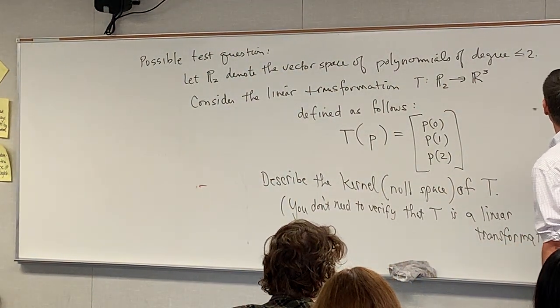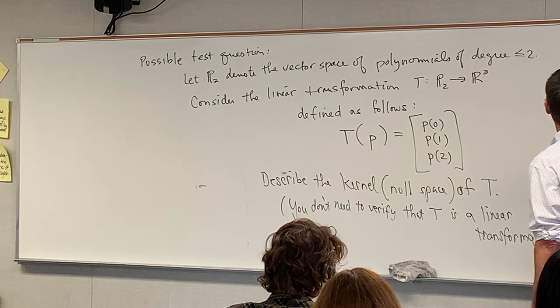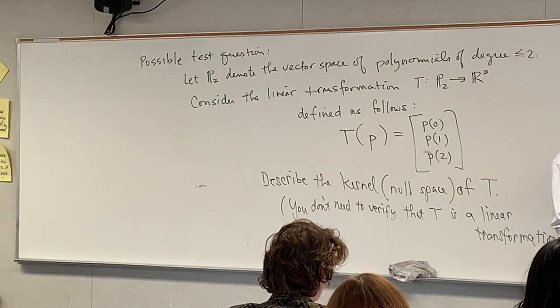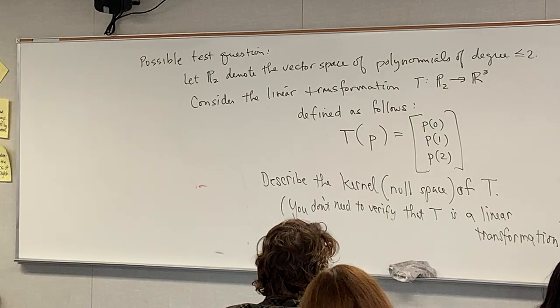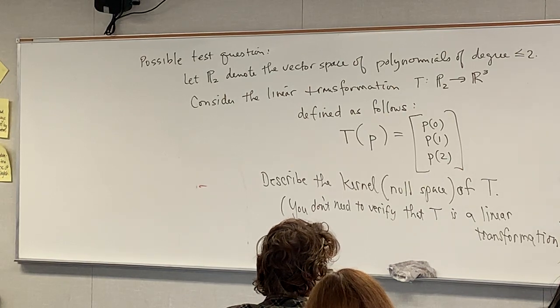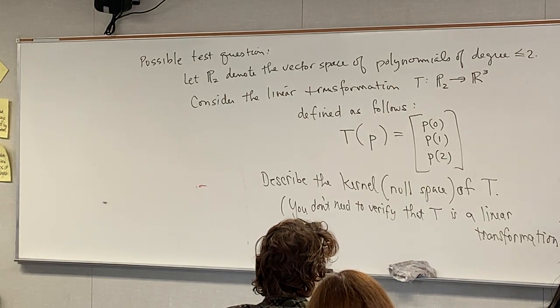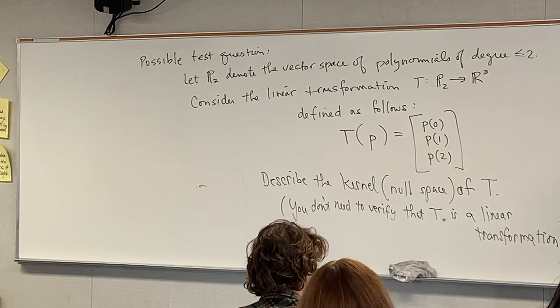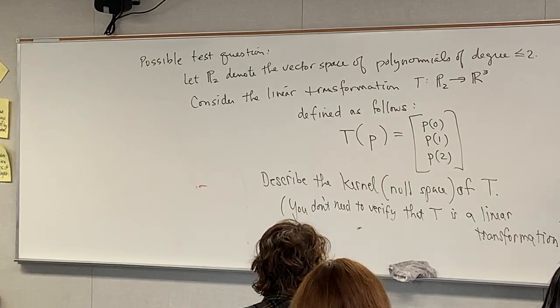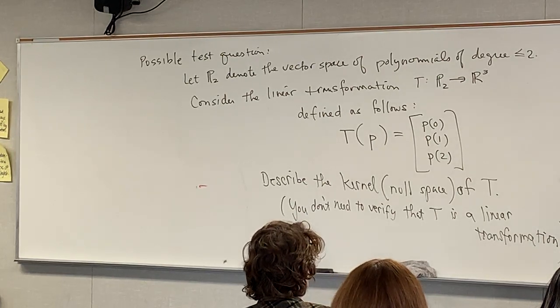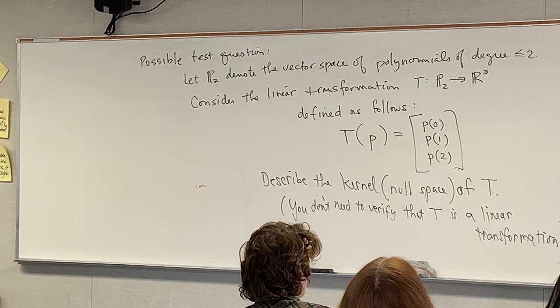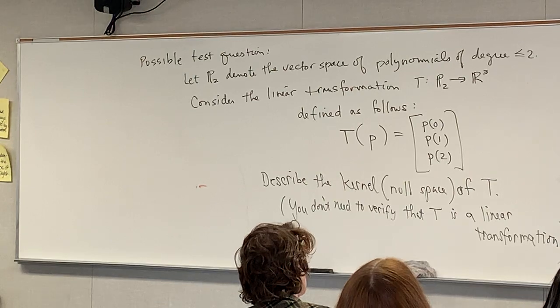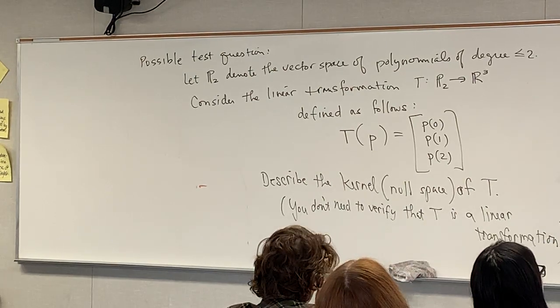So you have to describe the set of polynomials P of t such that T of P of t is the 0 vector. Is 0, 0, 0.